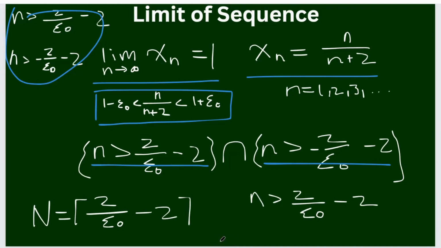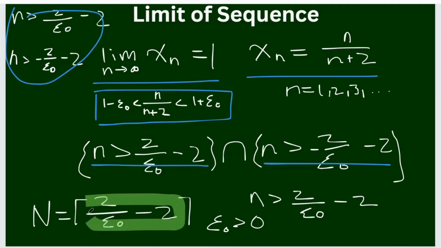And this is our proof. We found such a value for N. Because epsilon 0 is any positive value, of course it is possible to find a value for N in this case. And therefore, you have proven it.